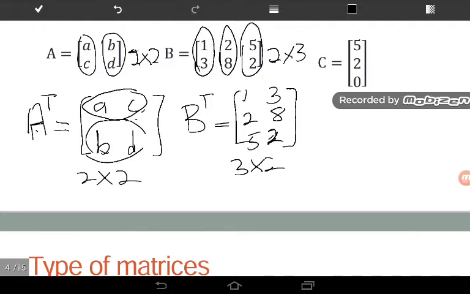How about matrix C? Matrix C is a column, so C transpose is equal to, column becomes row: 5, 2, and 0.